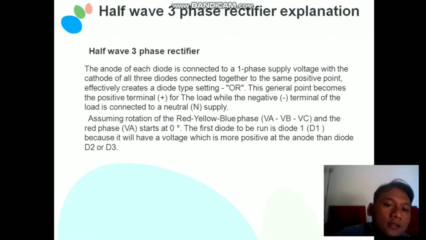Start at 0 degrees; VA starts at 0 degrees. The first diode to run is diode 1, or D1, because it will have a voltage more positive at its anode than diodes D3 or D2.